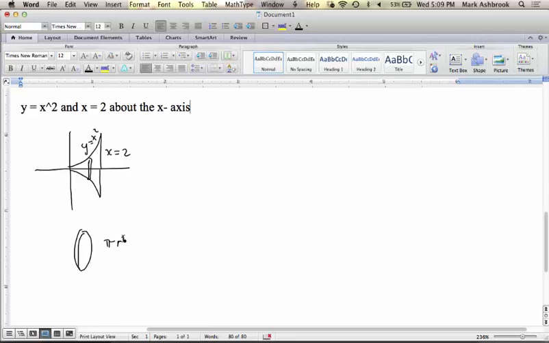Pi r squared h, which was pi, just the y coordinate squared, delta x, and the y coordinate was? This should be really easy now, after all your practice. So the volume of the pancake was pi x squared squared delta x, and we're going to add all those up from 0 to 2.